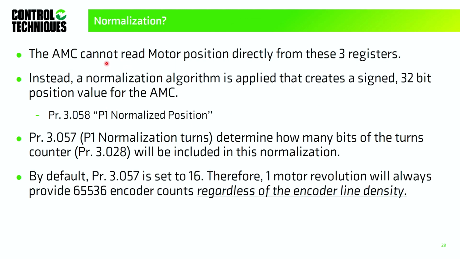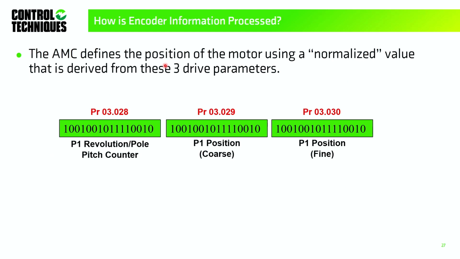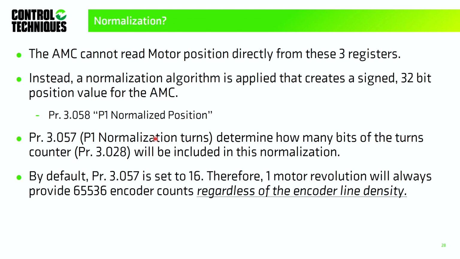Now the AMC can't read position from these three registers. It can't read and interpolate what motor position is just by looking at these three things. So we employ what's called a normalization algorithm to create a single signed 32-bit position value for the AMC.